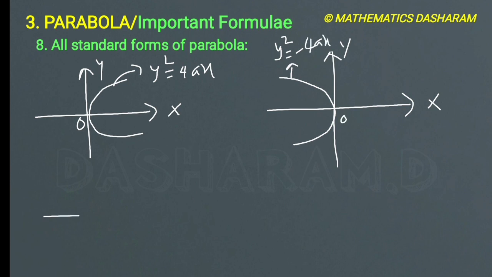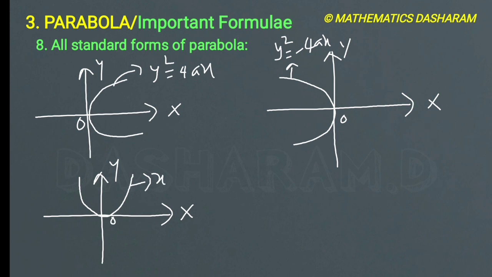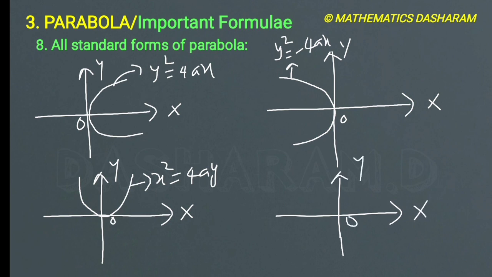So next one is x-axis and y-axis. Here intersection point is 0. So it is also a parabola, and its standard form is x square equals to 4ay. Next, x-axis, here y-axis, intersection point is 0.